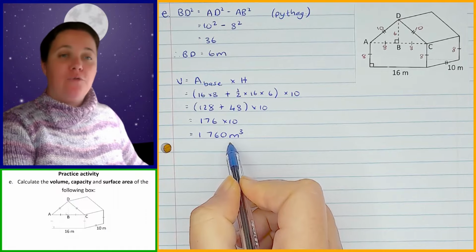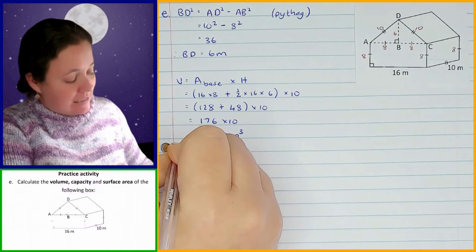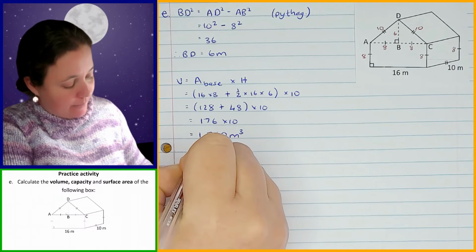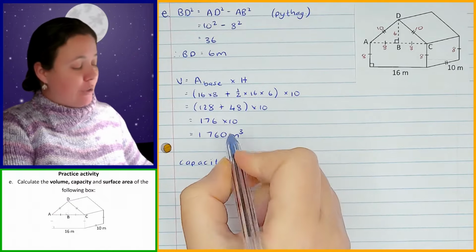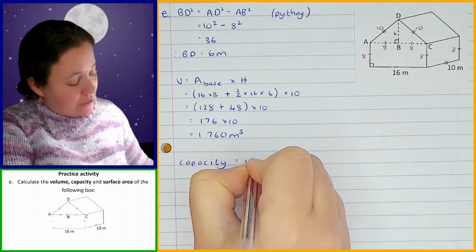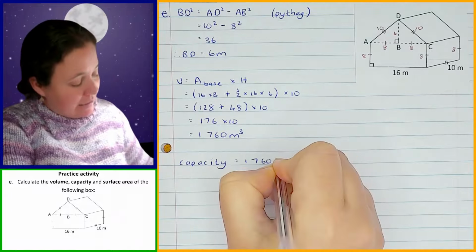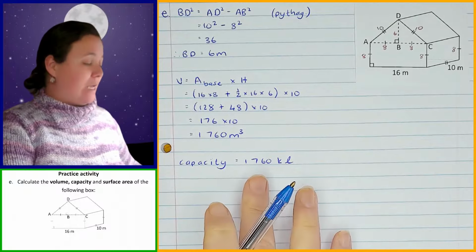So that's what you should get for the volume of this prism. Now we're going to work out the capacity. We can convert directly to capacity because meters cubed is the same as kiloliters. So that's going to be 1,760 kiloliters. Okay, so now we have the volume and we have the capacity.